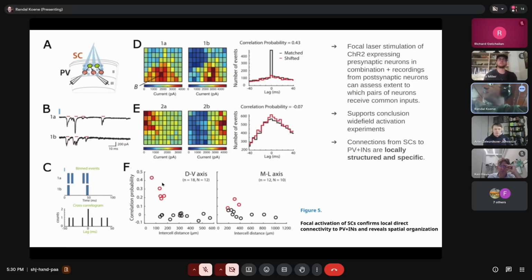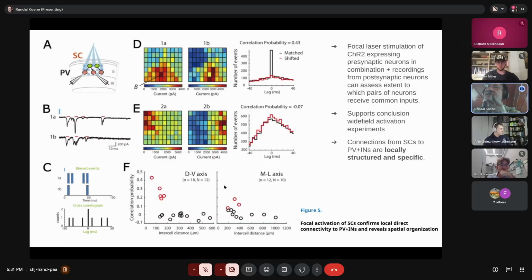And then in F, the correlation as a function of distance, we have here again different distances between cells, and the red ones are the ones that are above chance. Those are not above chance down here. So high correlation probabilities indicate common synaptic input only for PV interneurons within about 200 micrometers in sagittal slices, 400 micrometers in horizontal slices.